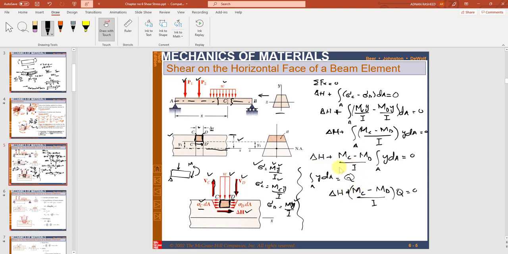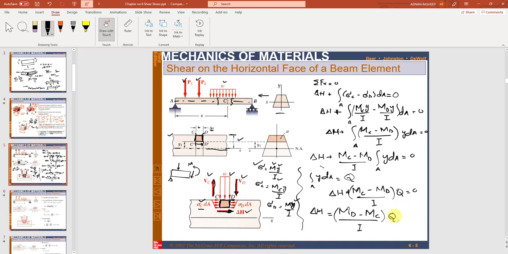When it moves to the right side, the equation will become delta H equals (mD minus mC) divided by I into Q. So we will use this equation further to find the horizontal shear stress.